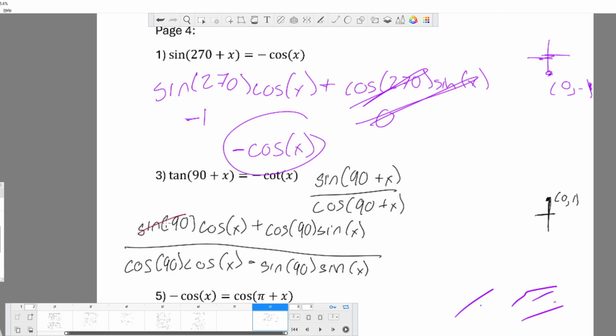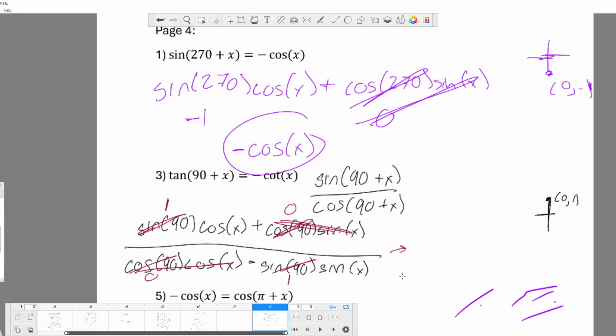So this goes to 1. This cosine goes to 0, which will just completely knock out that term. This cosine 90 goes to 0, knocks out that term. This sine of 90 goes to 1.